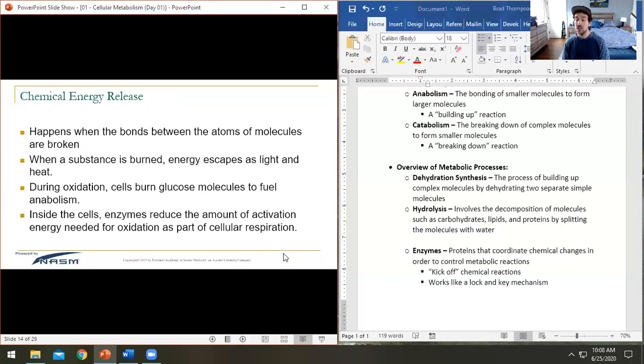So basically, we will store molecules of ATP which have a lot of energy trapped within them, and then we'll break that molecule of ATP and release all that energy. Then our body captures that energy and does a whole bunch of work. Chemical energy release happens when the bonds between atoms are broken.